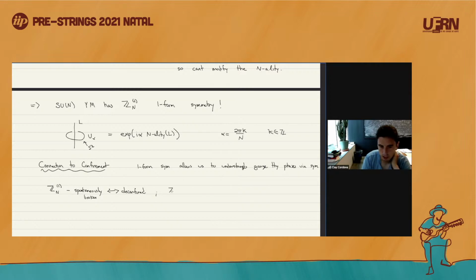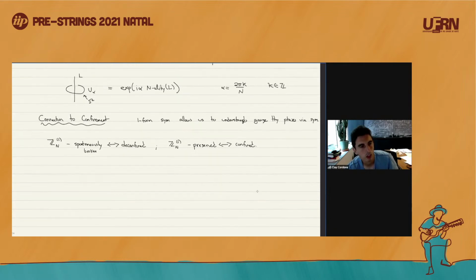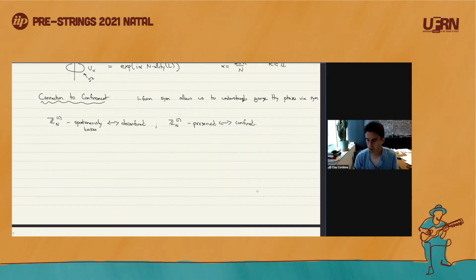And the other option, namely that this Zn1 one-form symmetry is preserved by the vacuum, is the same as saying that the theory is confined. So let me try to motivate these statements.